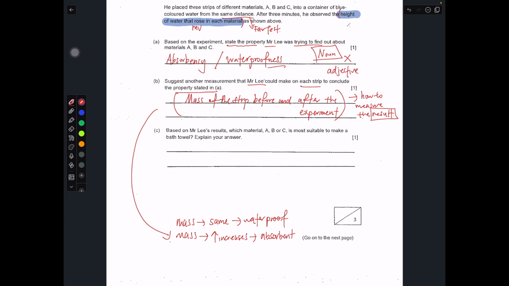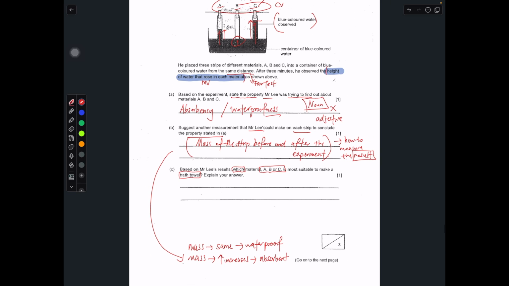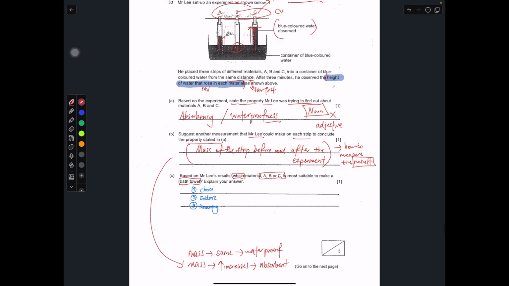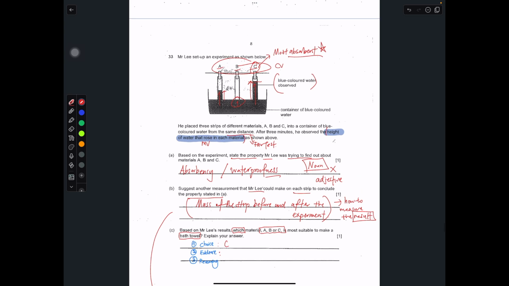So based on the result, which material is most suitable to make a bath towel? As you know, the bath towel must be absorbent. That's the reason why you use the bath towel. There's a way to write this. Okay? This is the part where you have to use your choice, evidence, and reasoning. The choice is C. Okay, material C. And the evidence is that you can use this: the height the water rose in C the most. A also rose, but this one rose the most.